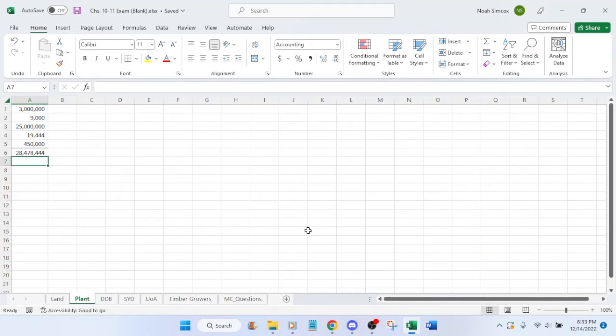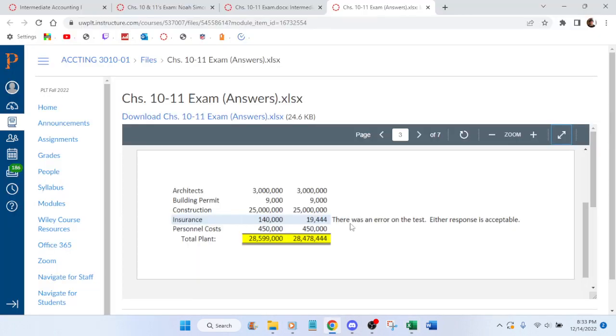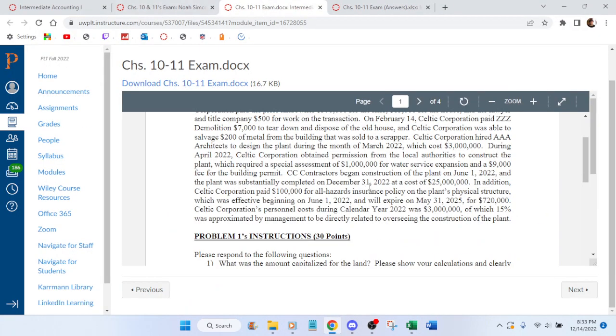Unlike on the actual test, because on the actual test for the special assessment, I said it was for the plant. Do you know why I did that? It says obtain permission from the local authorities to construct the plant. So I thought it was for the plant because it said that, but actually no. That was funny. So special assessments.